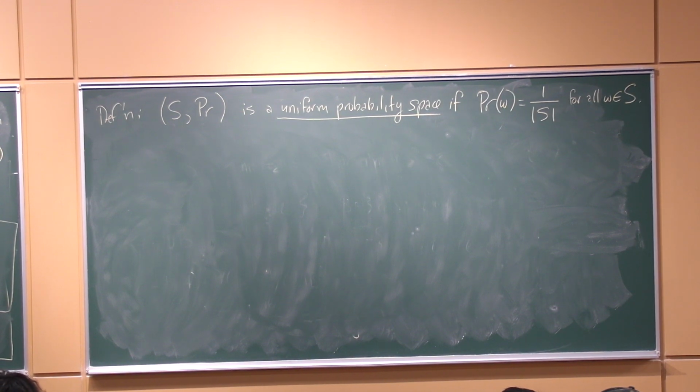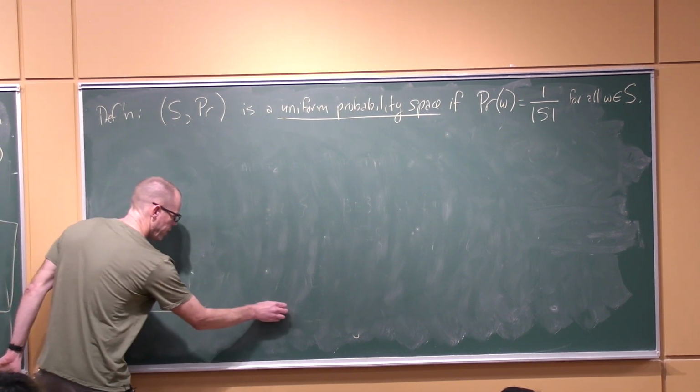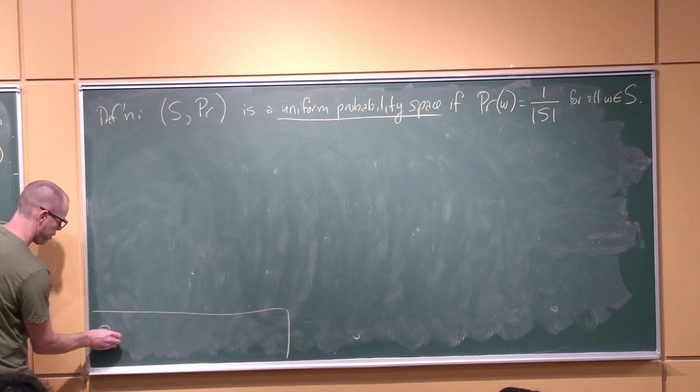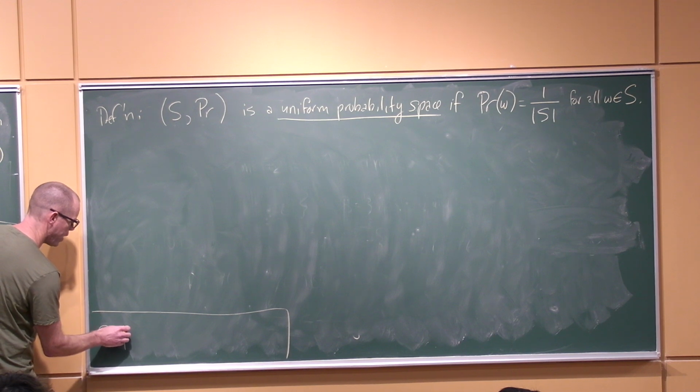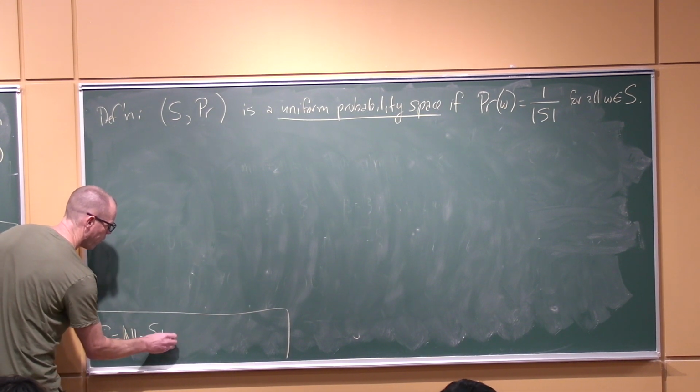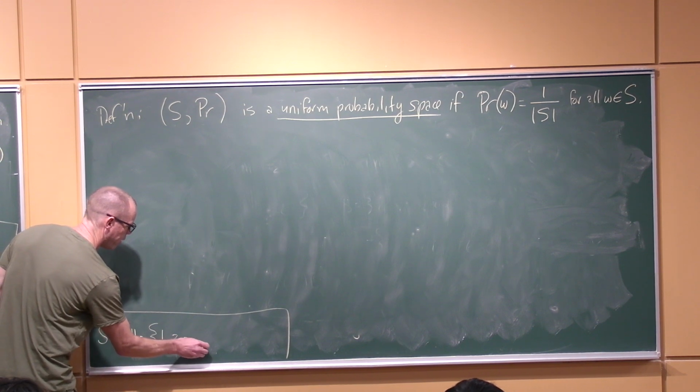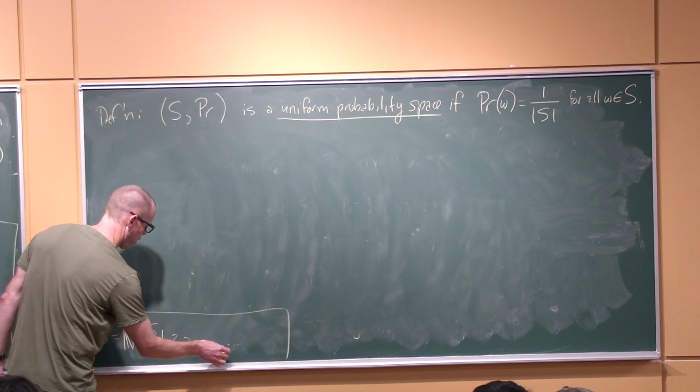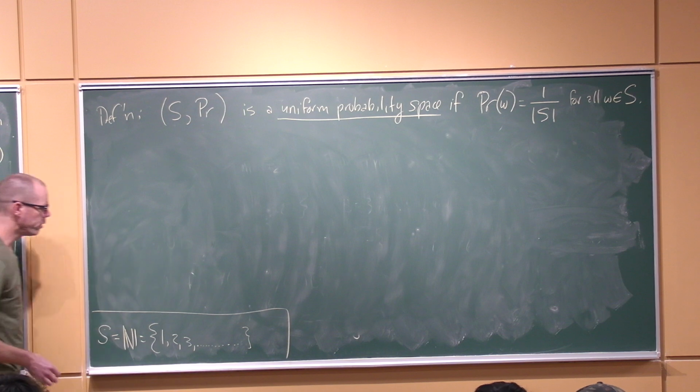We saw that different outcomes have different probabilities. In fact, 7 has the highest probability. Okay. Here's another one. I'll just put it down here. S is the set of natural numbers. So for me, that means 1, 2, 3, and so on, up to, but not including infinity.